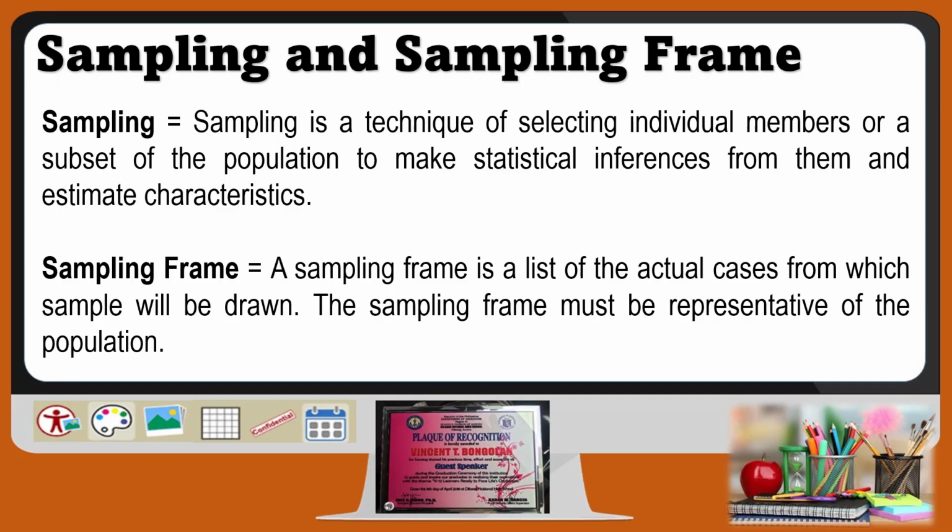the undergraduates who took up Bachelor in Applied Statistics in year 2020. So the sampling frame would be, again, the actual list of students who graduated Bachelor in Applied Statistics in 2020.